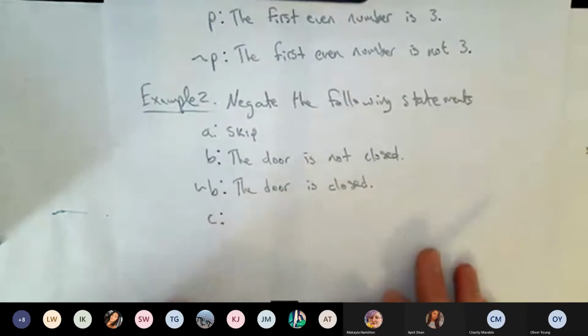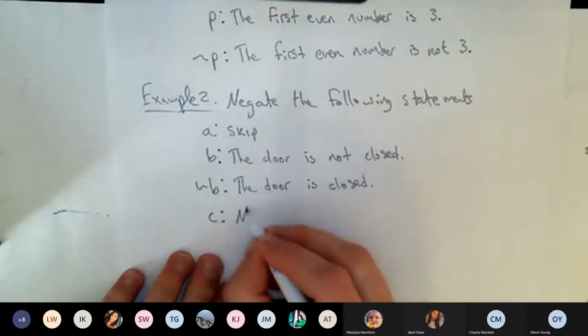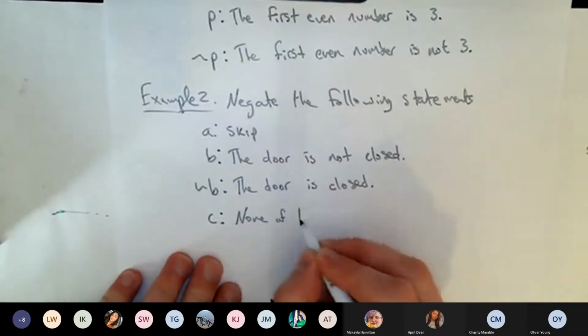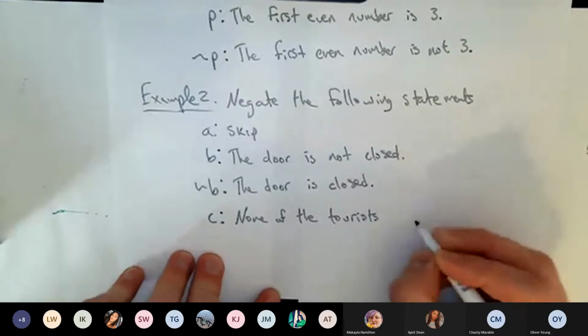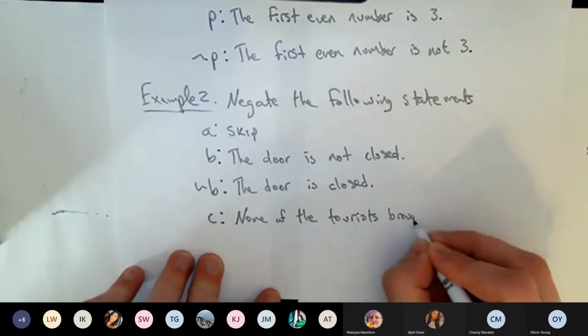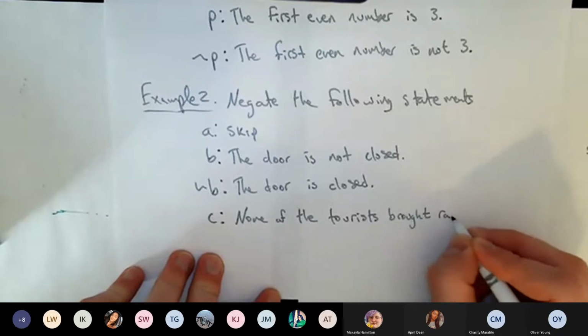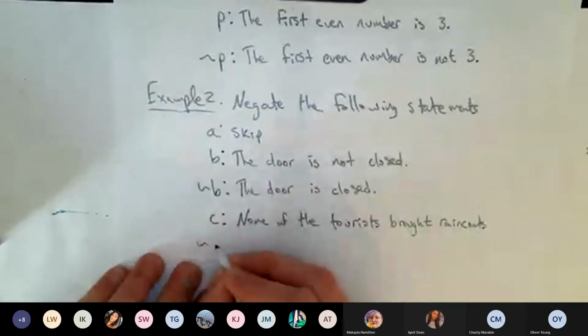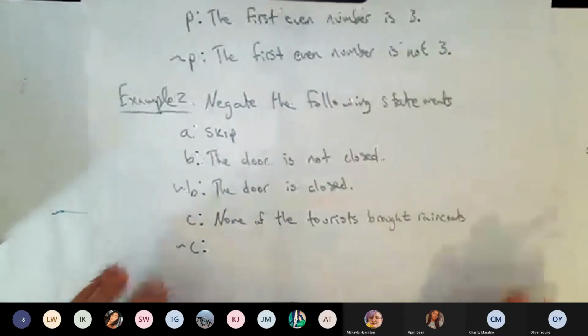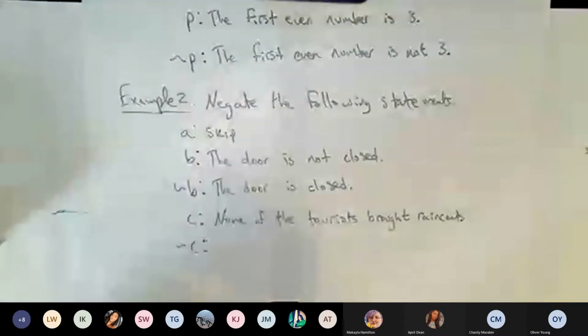Here's statement C, and now this is the first interesting one. None of the tourists brought raincoats.